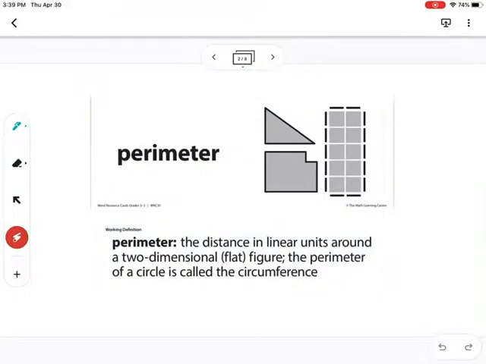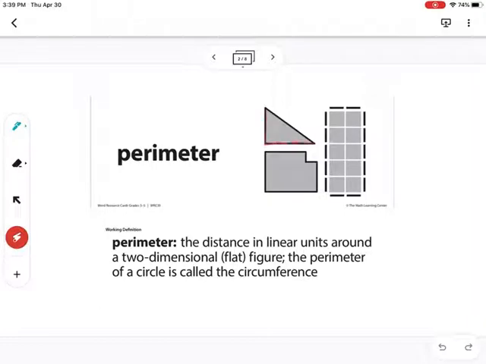We also reviewed perimeter. Perimeter is the distance in linear units around a two-dimensional or flat figure. So in class you might remember we practiced thinking of perimeter like this. So the perimeter of that array, you could count the linear units around the outside.